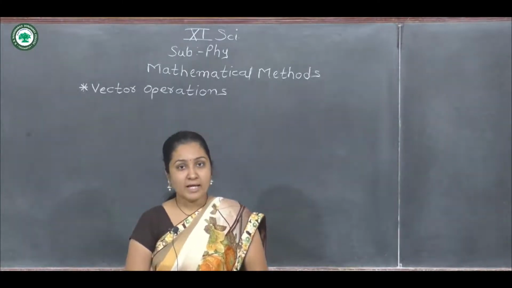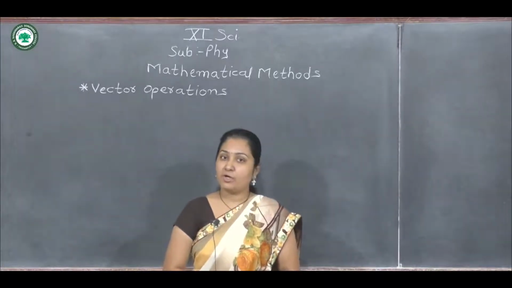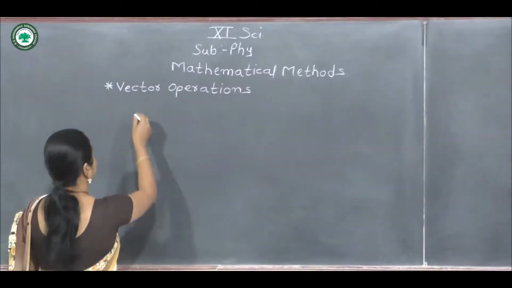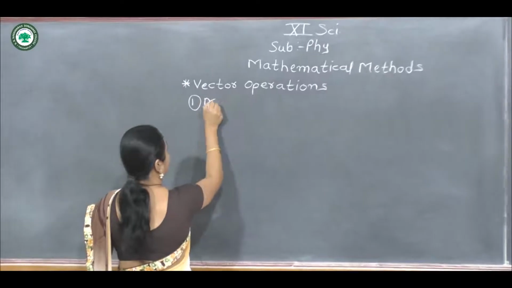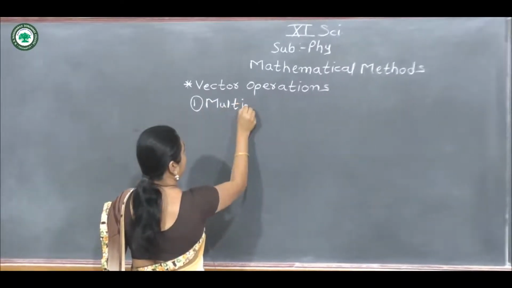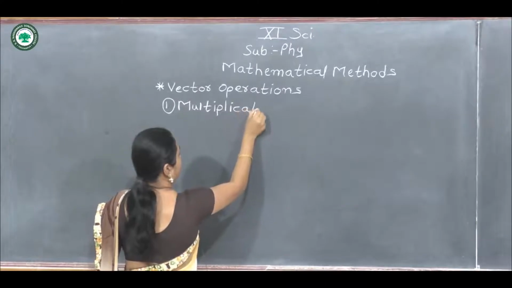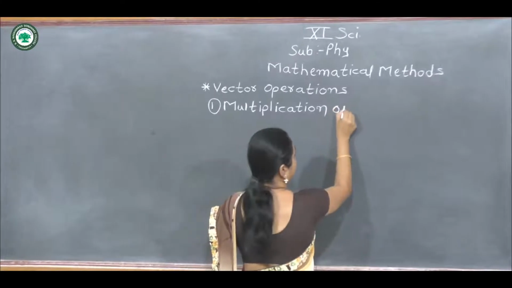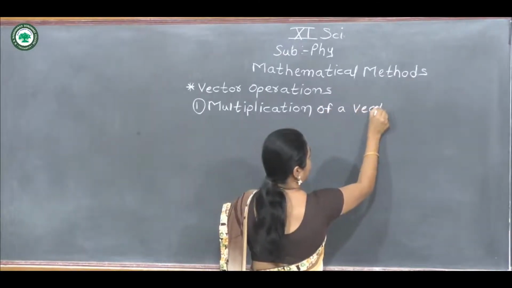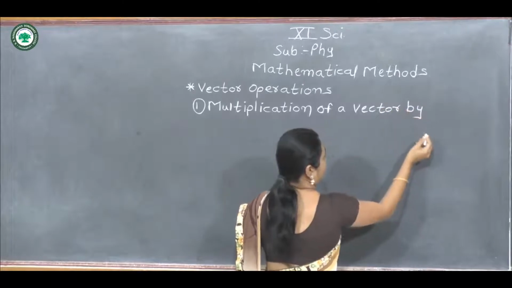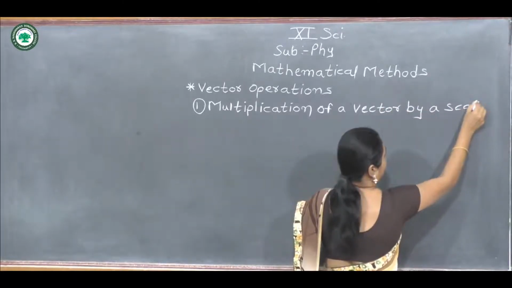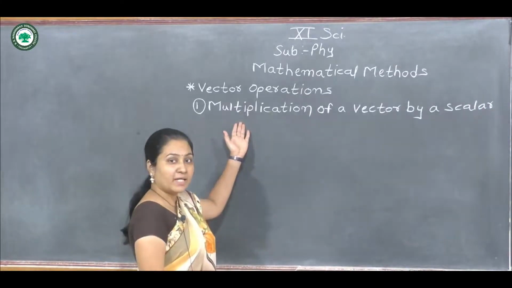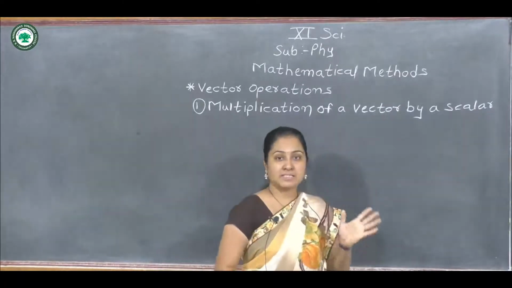There are different vector operations that we are going to study. The first vector operation is multiplication of a vector by a scalar.